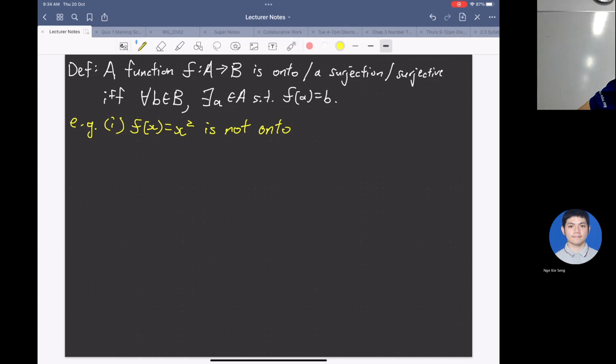What number? 3. 3 has a square root, right? Square root 3.